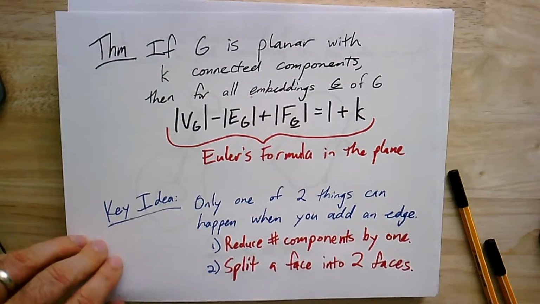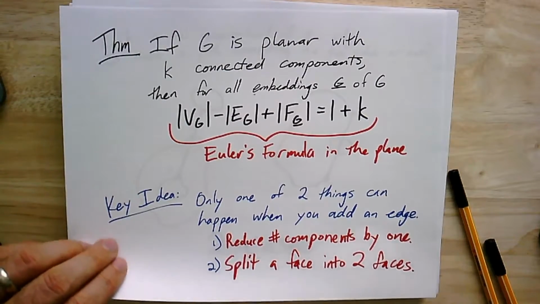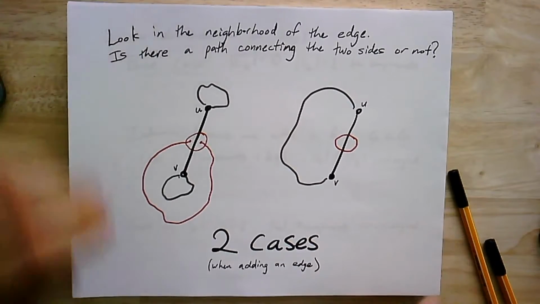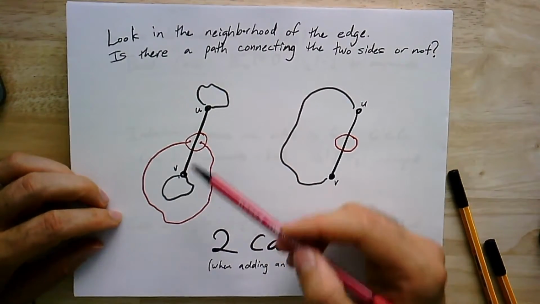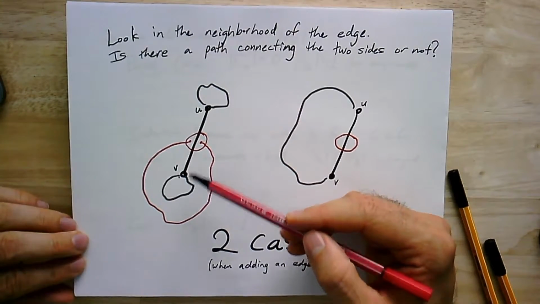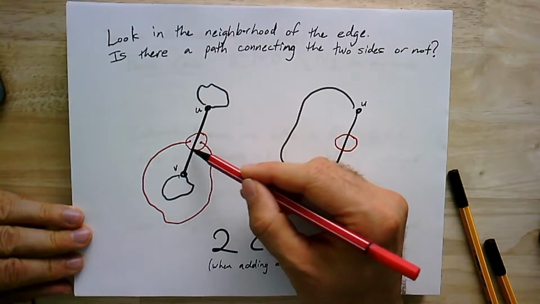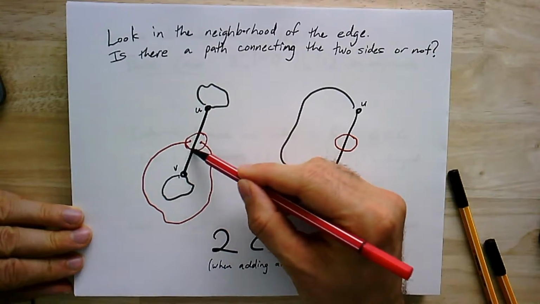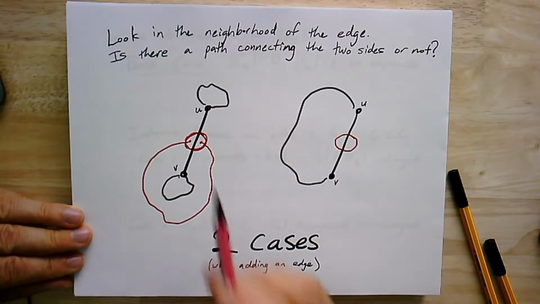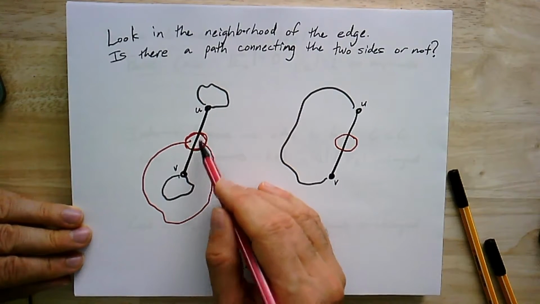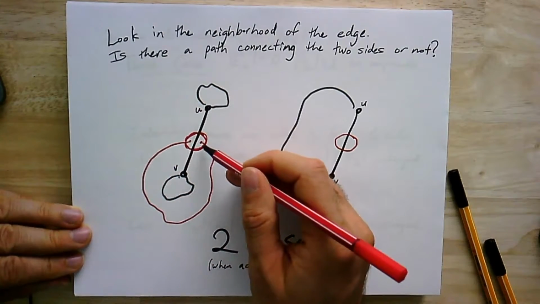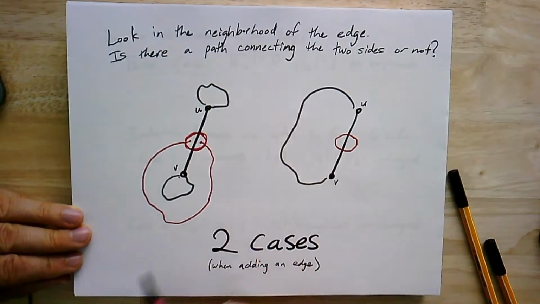To actually check that this holds, we're going to use the Jordan curve theorem. Okay, so the idea is, again, we're thinking about a single edge. And so here's an edge UV. And I claim that there's just two cases. If I look at a neighborhood of the edge, so I look in this little circle around a point on the edge, again on the embedding of the edge, I know that locally the edge splits that neighborhood into two pieces. If there was a path that connected the two pieces, then they were on the same face.